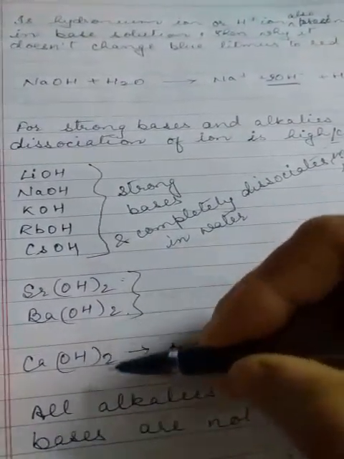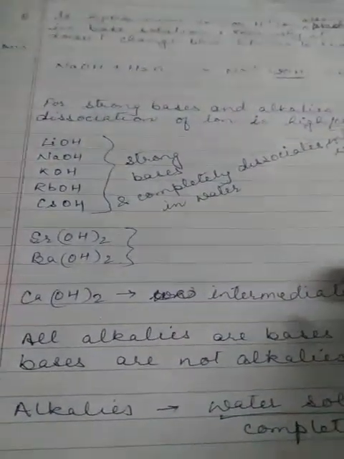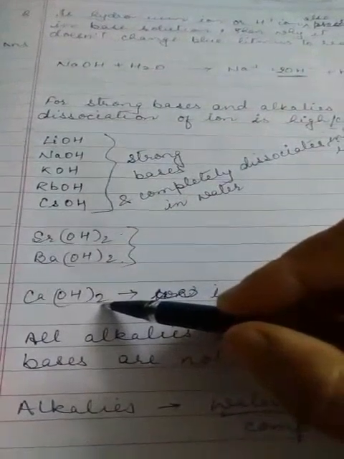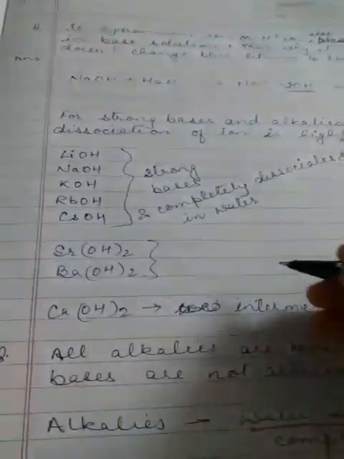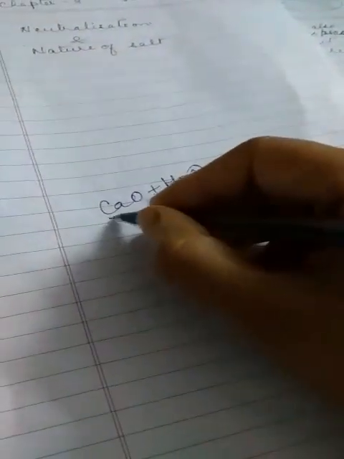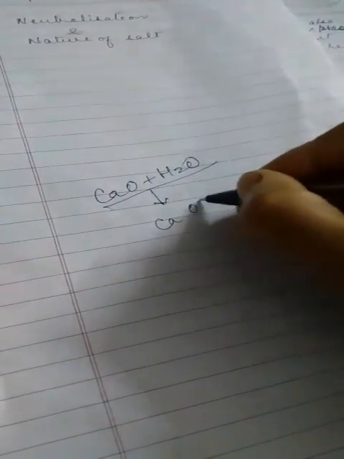Calcium hydroxide is also a strong base, but it is intermediate between them. It does not completely dissociate. For example, if you add calcium oxide into water, as you know, it is an exothermic process and forms Ca(OH)2.